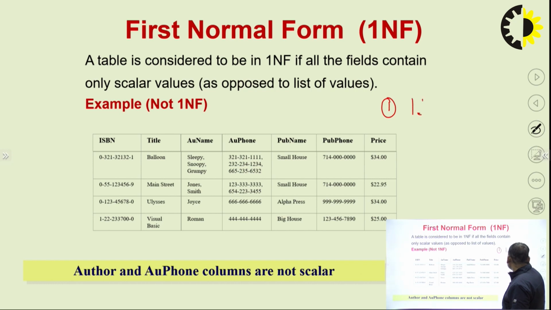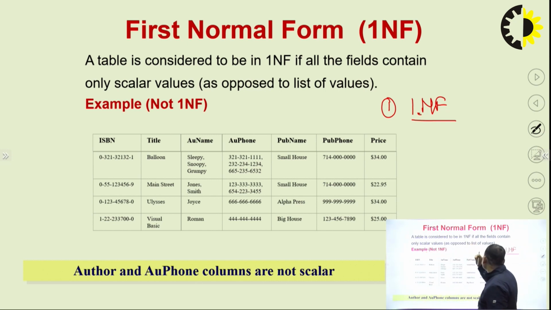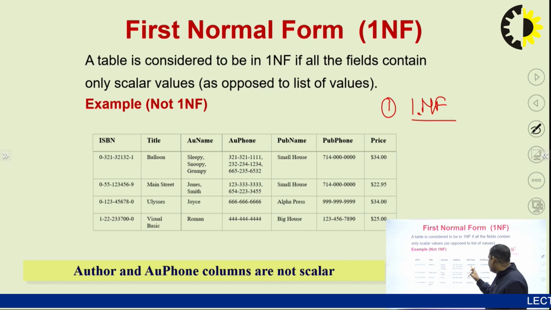First normal form. A table is considered to be in first normal form if all the fields contain only atomic or scalar values in each cell or domain. For example, in this table the first column is ISBN, then title name, author name, author phone number, publisher name, publisher phone number, and price.